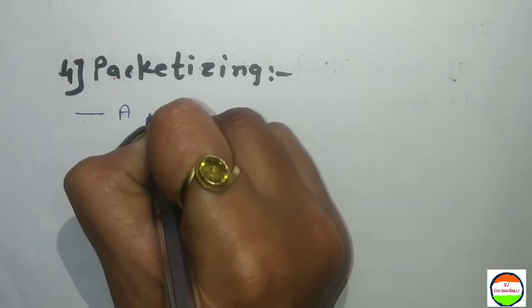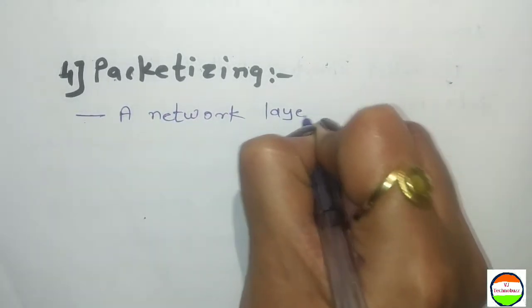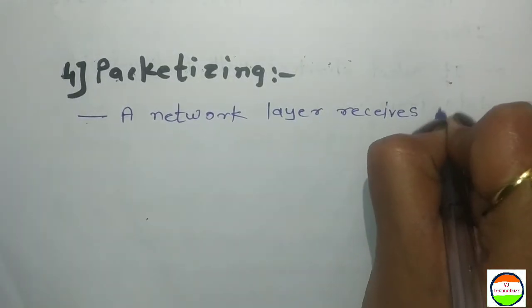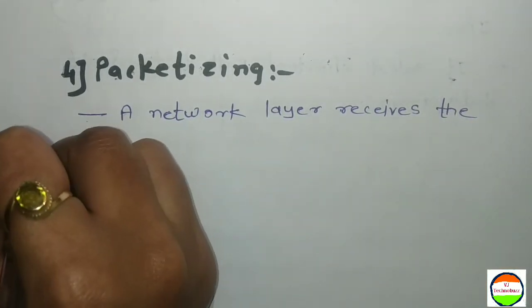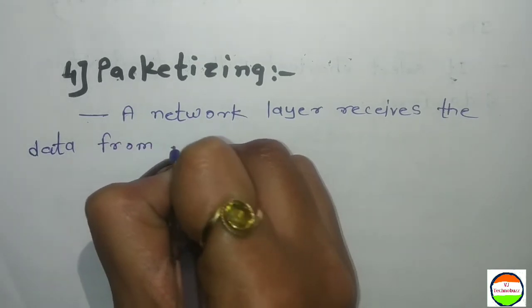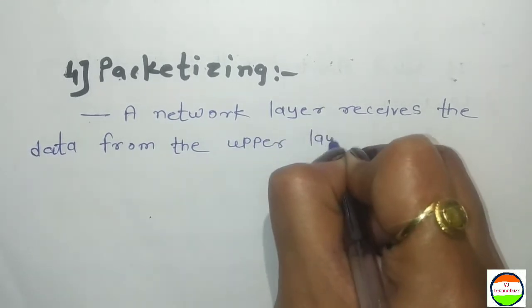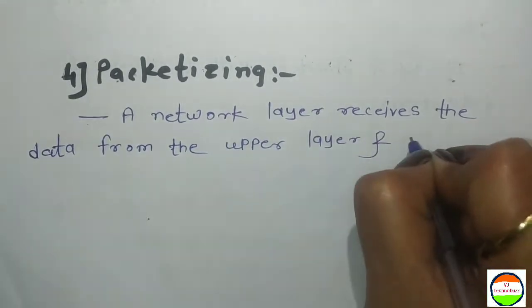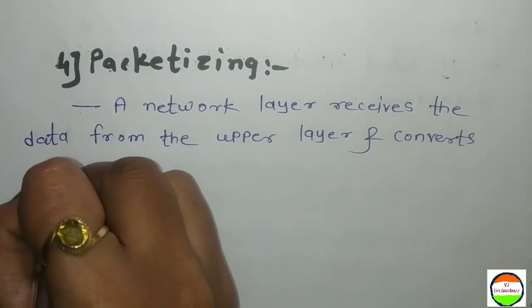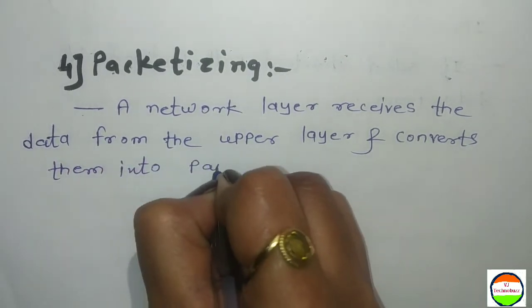A network layer receives the data from the upper layers and converts them into packets.